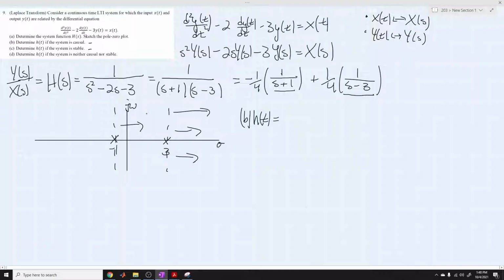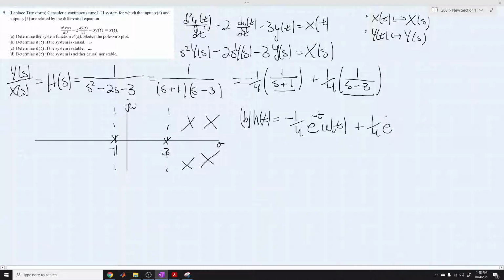So everything's right-sided, and by now, for these simple ones, we really shouldn't have to look at the table. You know it's going to be a u of t, and these are exponentials. So that's just going to give us -1/4 e to the negative t u of t plus 1/4 e to the 3t u of t.